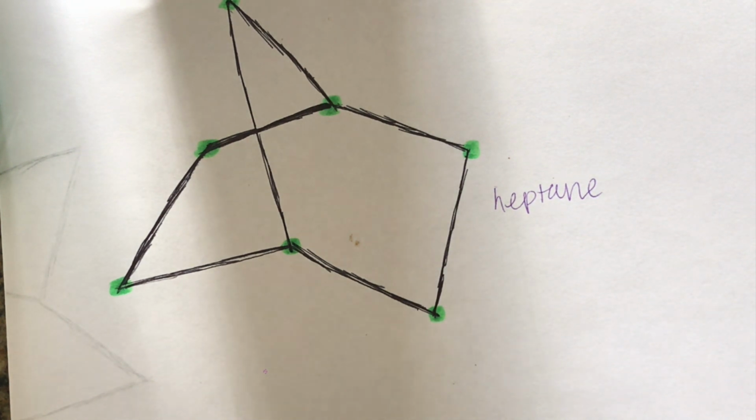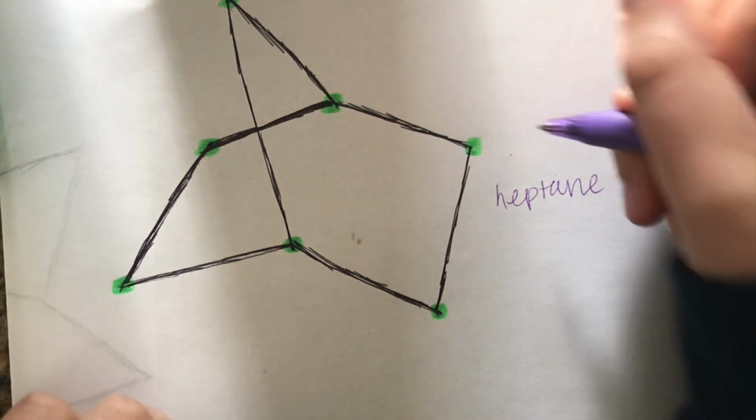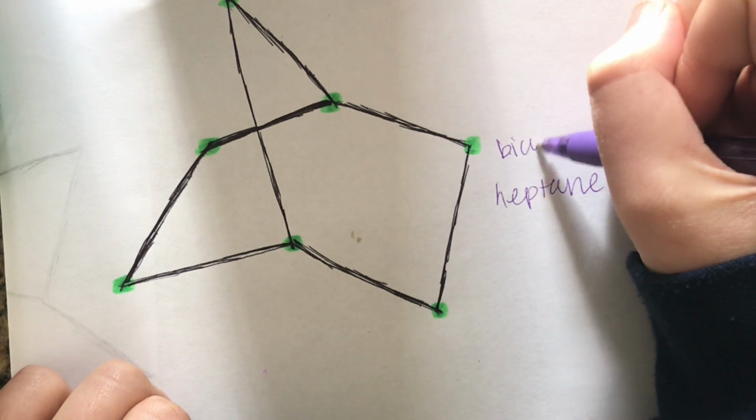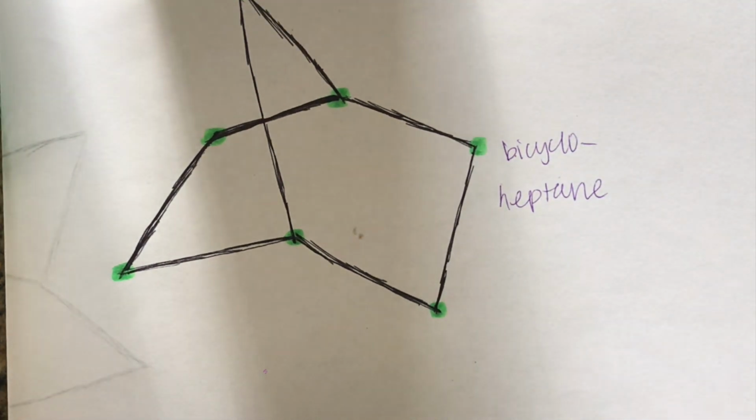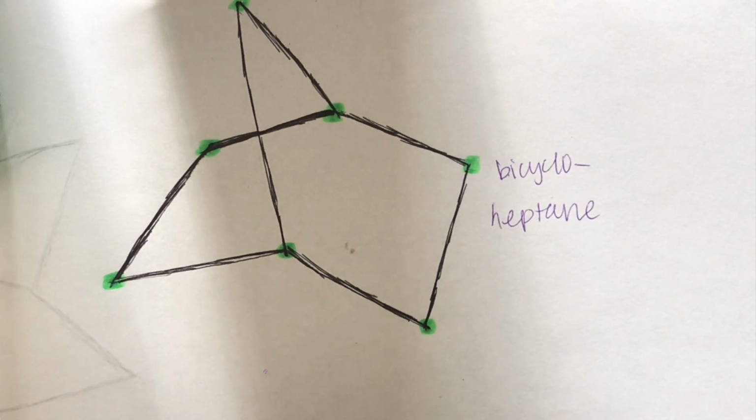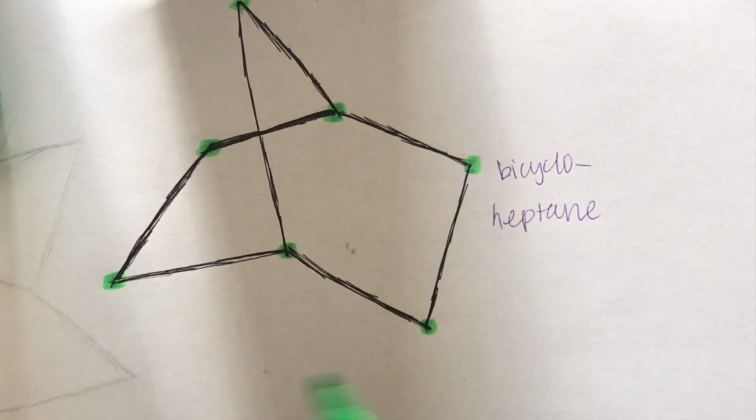And then, since it's 2 rings, you add the prefix bicyclo. And then you have to have numbers in there to help whoever's reading the compound figure out how it's drawn. So your numbers are the carbons in between the bridgehead.